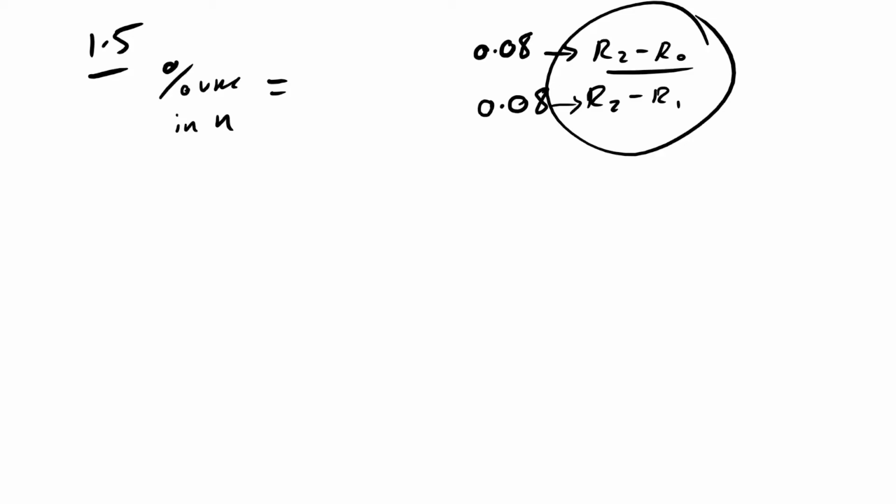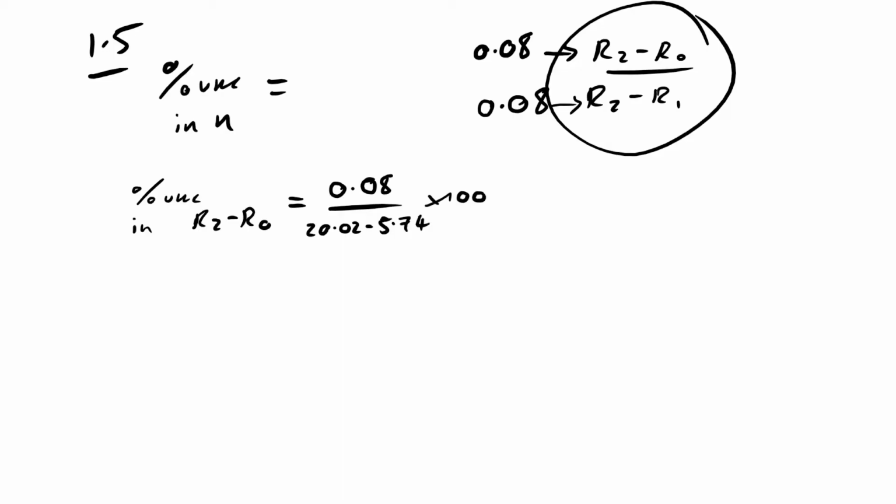So we're going to say percentage uncertainty in R2 minus R0 is equal to 0.08 divided by, what was the value? Well, it was 20.02 take away 5.74, wasn't it? And then of course we times by 100 if you want to turn it into a percentage uncertainty. You can skip a step if you want to by not timesing it by 100, because we're going to have to turn it back into a decimal eventually anyway, but whatever.